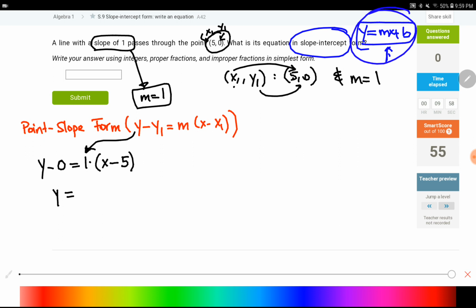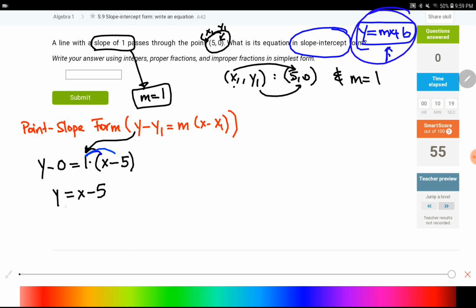Binomial means two terms next to each other. When you multiply a number by a binomial, you basically distribute it. 1 times x is x, and then 1 times negative 5 is minus 5 or negative 5.